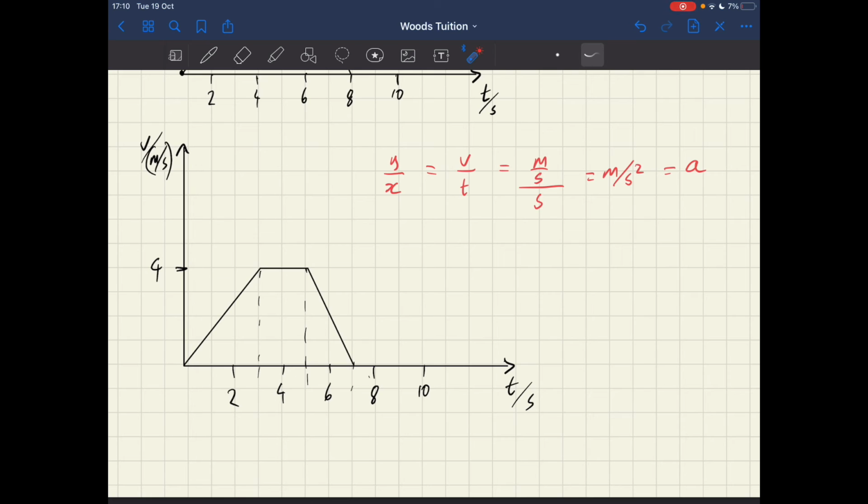So if we find out what the gradient of the line is, for the first part we have the rise is 4 and the run is 3, so rise over run is 4/3, or 1.33333 meters per second squared.